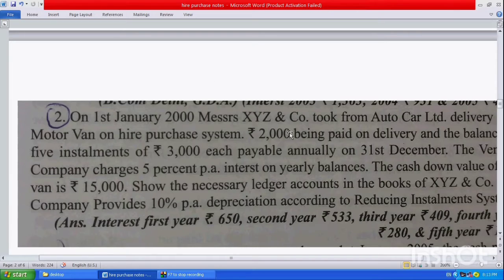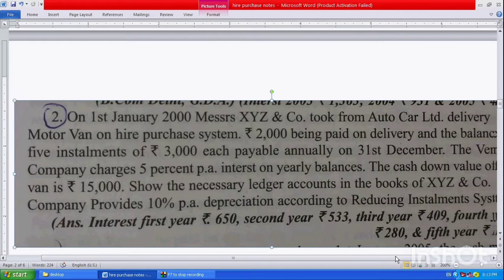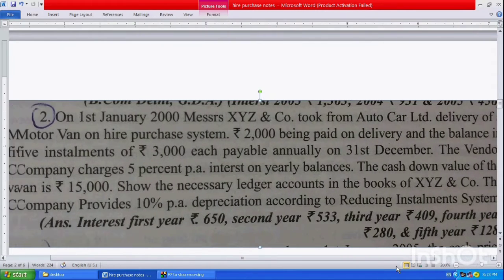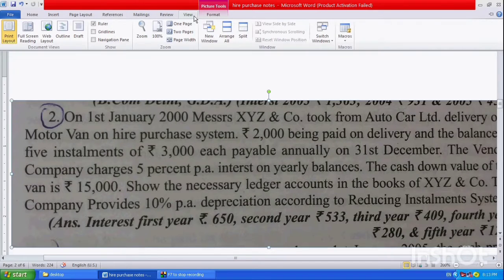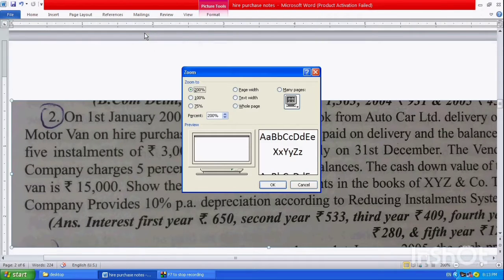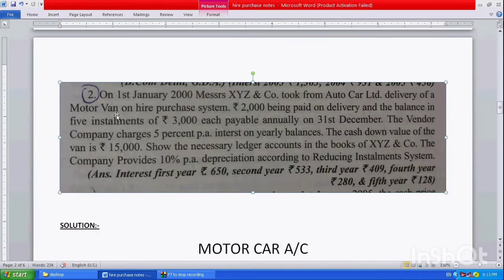So we have to make some adjustments. Okay, so here is the question, and it's properly fixed. Now we can read it.